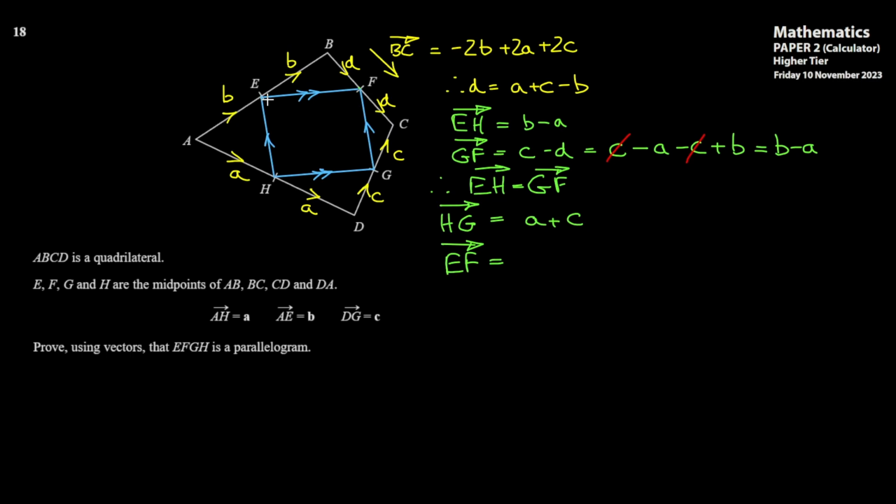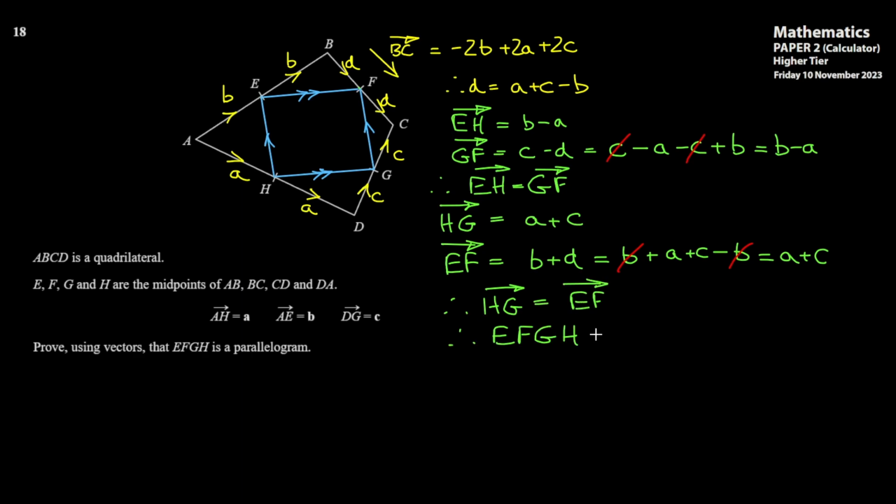And EF is B plus D. D again, we use this substitution, and this is equal to B plus A plus C minus B. This time the B's cancel and we're left with A plus C. Therefore I can say again HG is equal to EF, so therefore our figure here is a parallelogram.